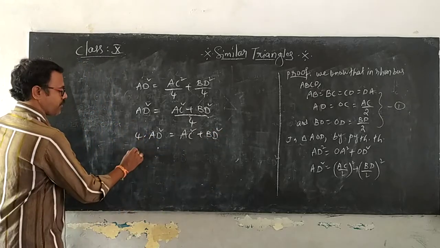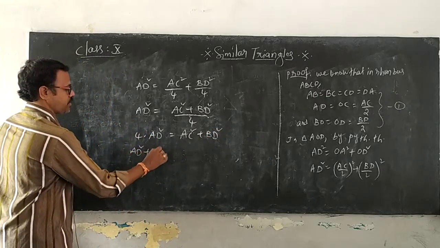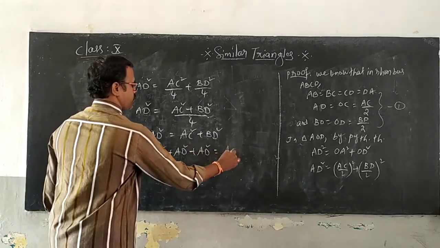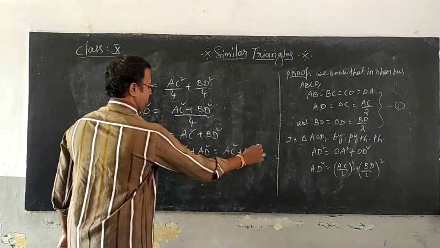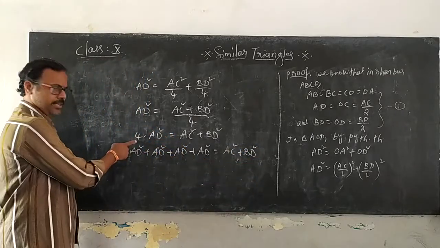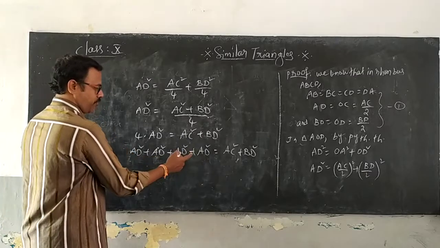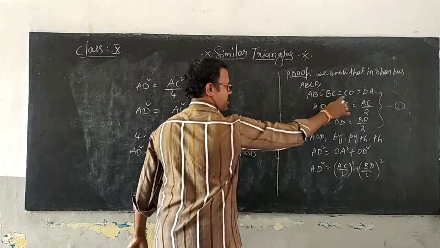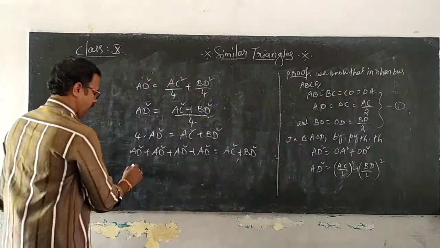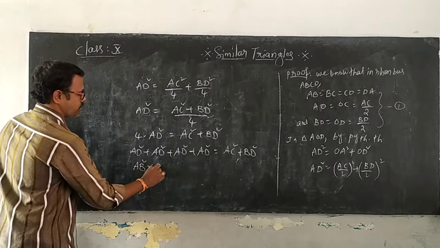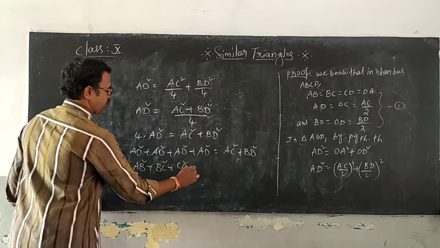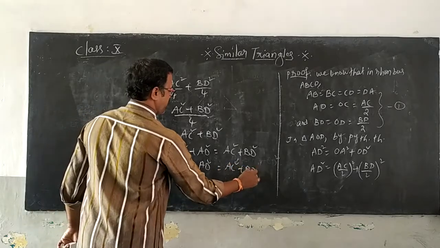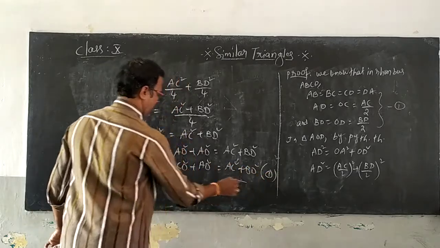Instead of writing 4 AD square, I write AD square plus AD square plus AD square plus AD square is equal to AC square plus BD square. Isn't it 4 ADs? So I have written 4 ADs. But AD is equal to AB, AD is equal to BC, AD is equal to CD. So I write here AB square plus BC square plus CD square plus AD square is equal to AC square plus BD square. Okay, from 1.